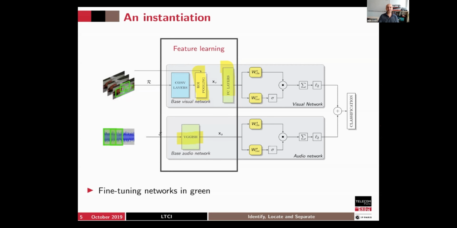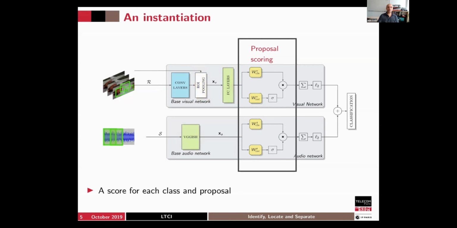Next is the proposal scoring phase, which consists of parallel classification and localization streams performed in the same way on both modalities. So we can look at the audio modality, for example. What we do is pass the feature representation through linear fully connected layers in parallel for classification and localization.